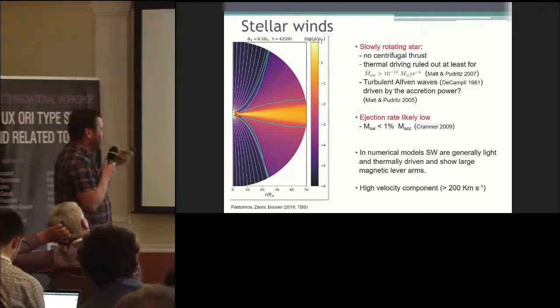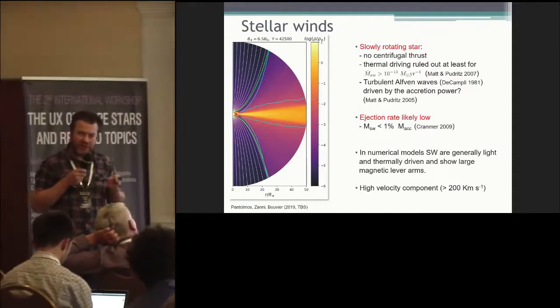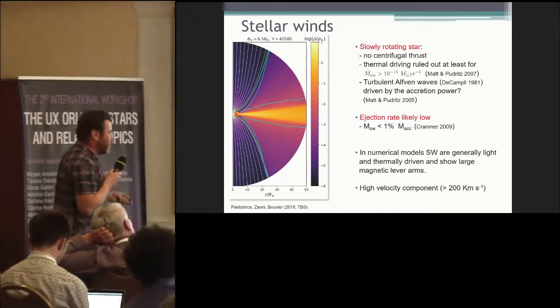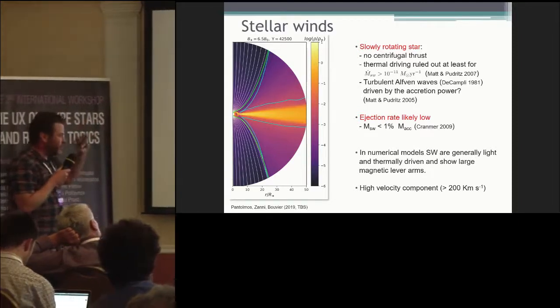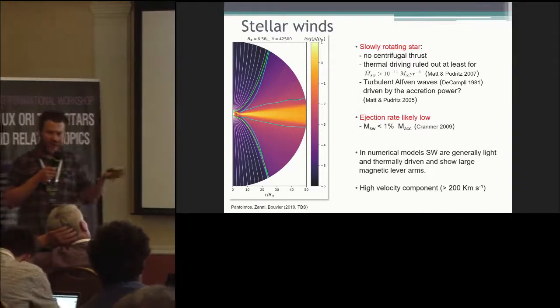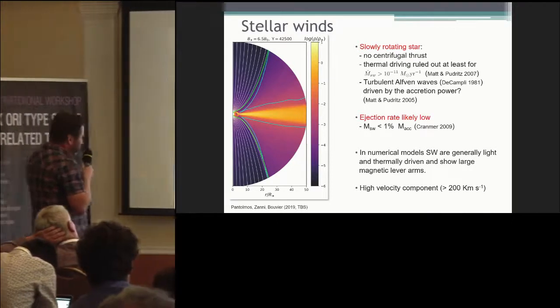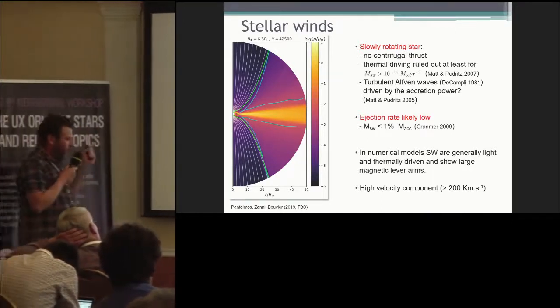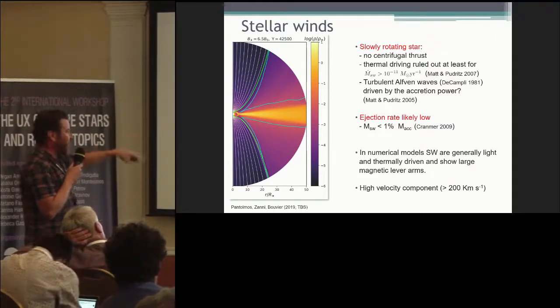Somebody dared to try to estimate how much energy, how much momentum you can extract from accretion with this mechanism. Steven Cranmer essentially put quite a strong upper limit on the mass loss rate of the stellar wind at 1% of the accretion rate.